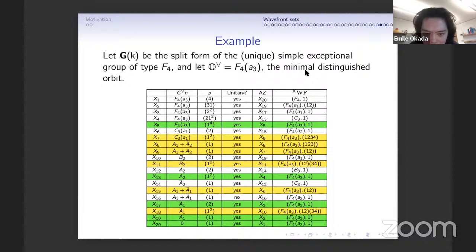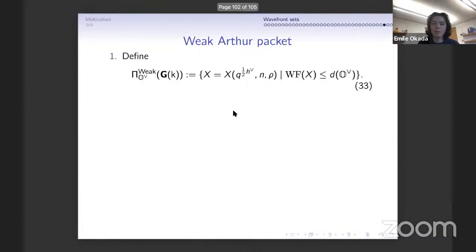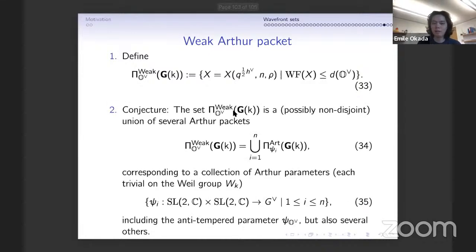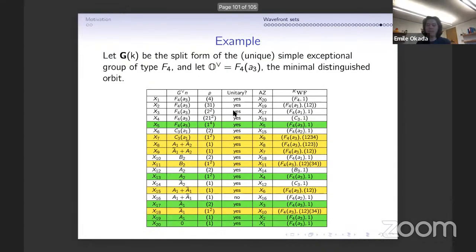An artifact of the way it's been numbered, yes. Although, as far as I can tell, it's maybe an artifact, although it is perhaps worth looking into. I guess that would perhaps give us some indication for resolving which Arthur packets would be in the weak Arthur packet.